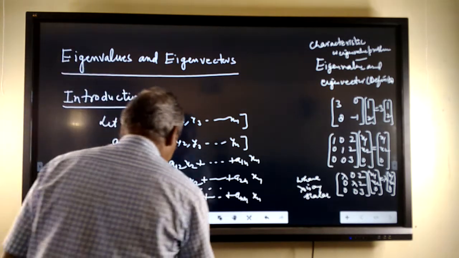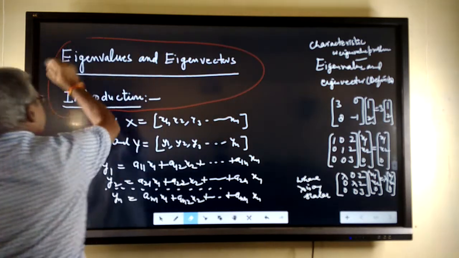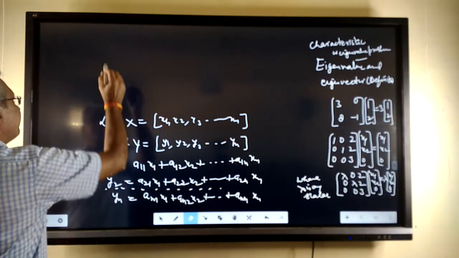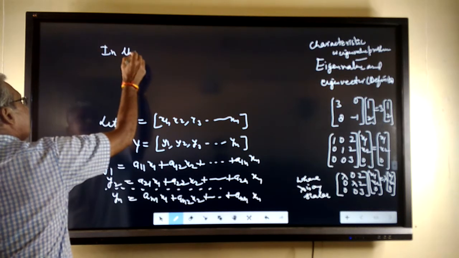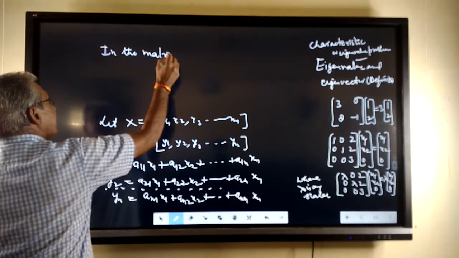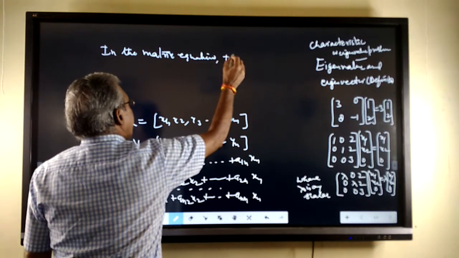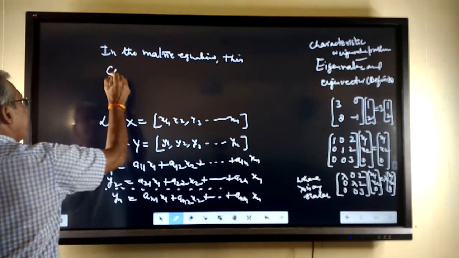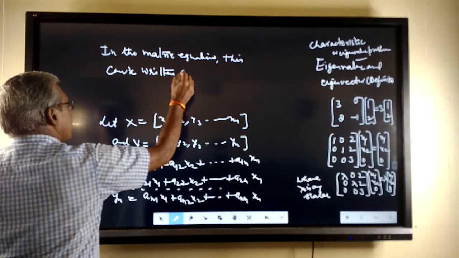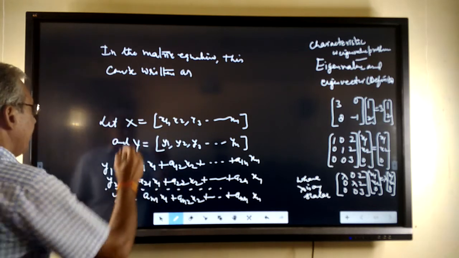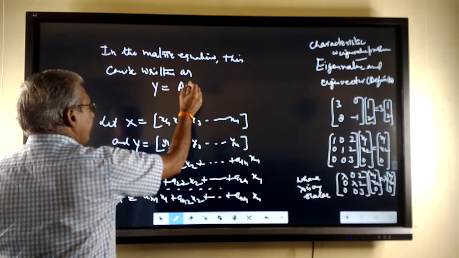In matrix equation form, this can be written as y equals A x.